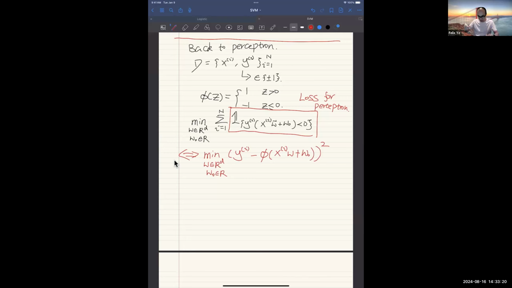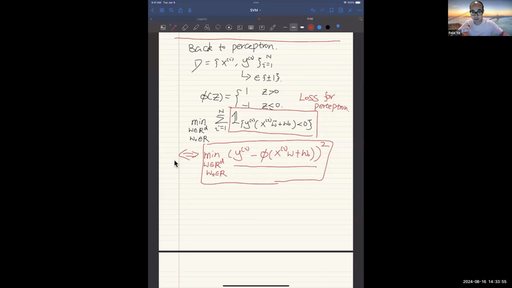These two losses are kind of equivalent. If they classify correctly, then the component inside will be 0. If the classification is wrong, then it will be non-zero. I believe that will be +2 or -2. Then if we take the square, that would be just 4. But for the indication function, that would just add 1.